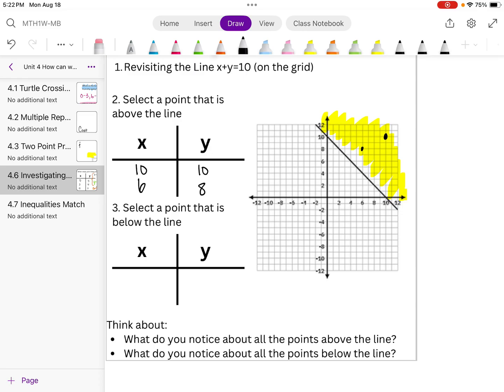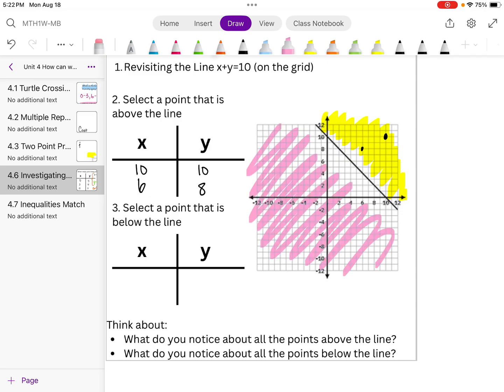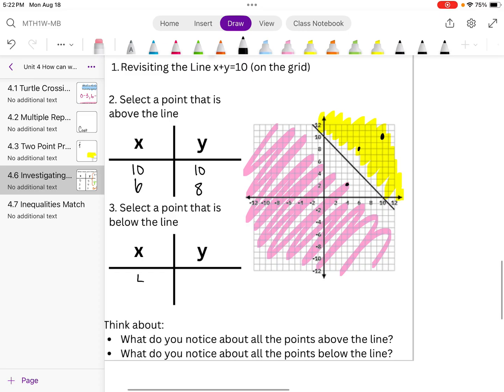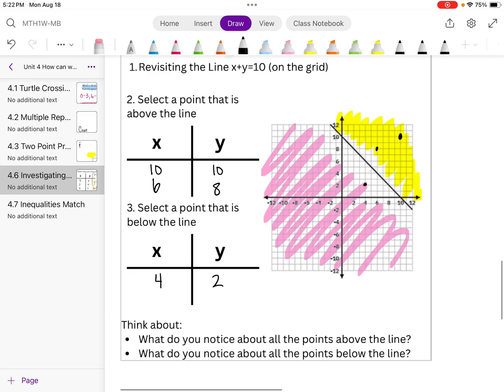On the other hand, if I go and I pick points that are below the line, so somewhere down here, I might pick something like 4 and 2. And it doesn't matter what points you pick. I'm going to have negative 2 and negative 2.